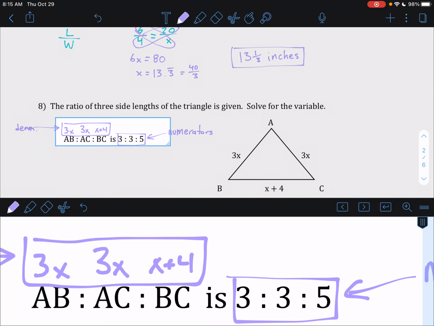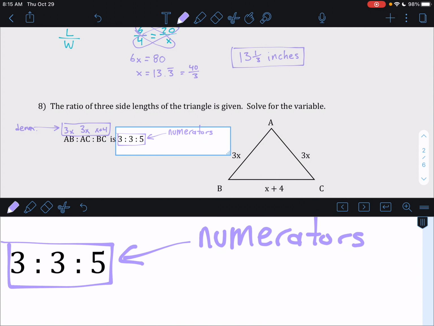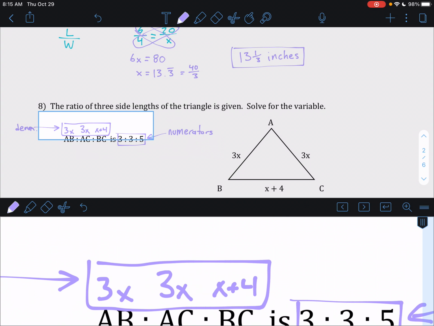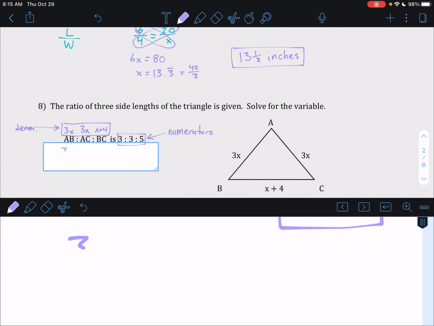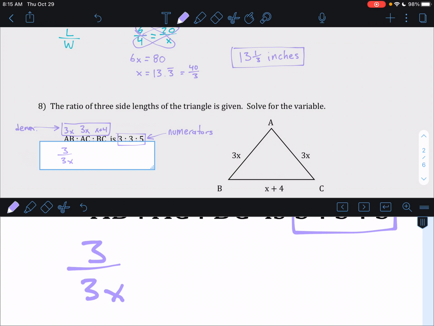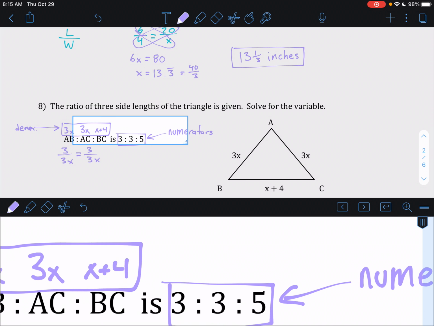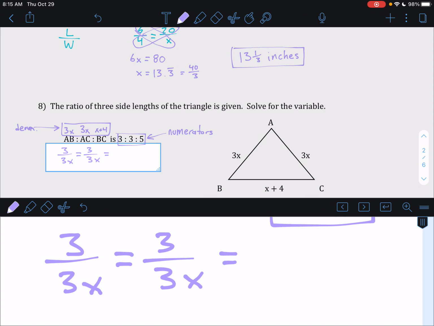So the first one is the 3, and the first one over here is 3x. So I would say 3 over 3x. The second one is 3, the second one there is 3x, so equals 3 over 3x. And then the third one is 5, the third one there is x plus 4, so equals 5 over x plus 4.